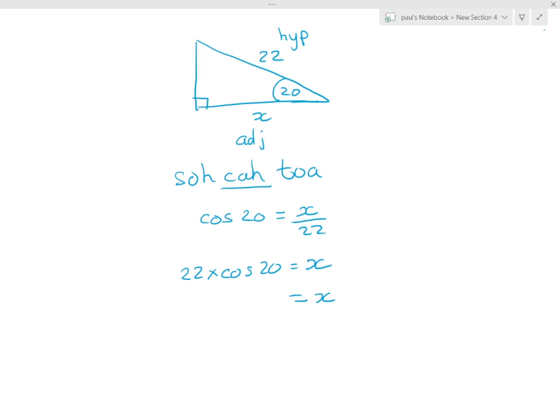These are really easy once you get the hang of them. 22 times cos 20 is 20.67. This is an ideal kind of question where the examiner will ask you to possibly round to significant figures or decimal places, so bear that in mind.